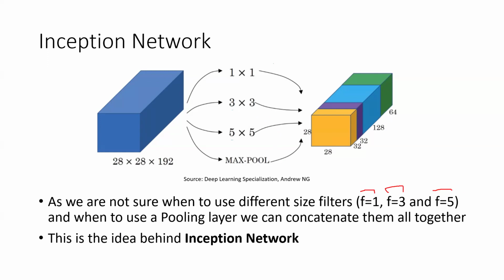And sometimes after several convolutional layers, one after the other, we apply the max pooling layers. So how do you know which filter should be applied now and which one at the second phase?